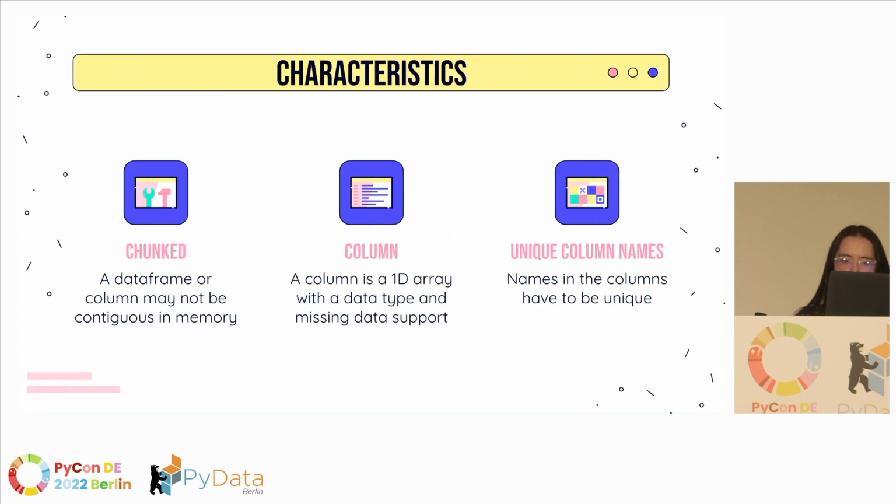The characteristics of this minimal data frame are basically that the data frame can be chunked, so a column may not be contiguous in memory, as happens in Dask. The column is a 1D array with a data type and has missing data support. And finally, we have unique column names, so we don't have two columns with the same name.